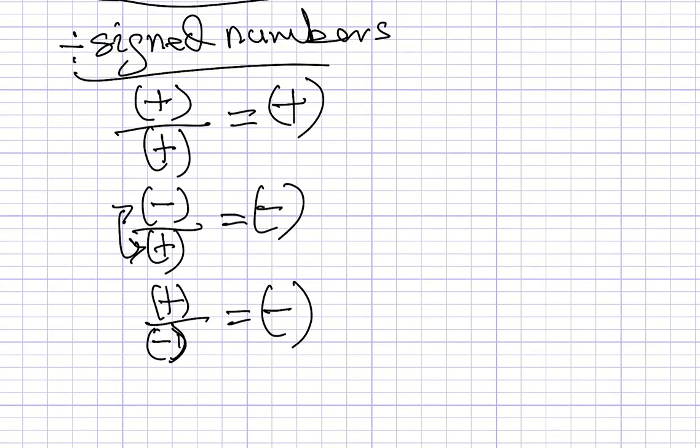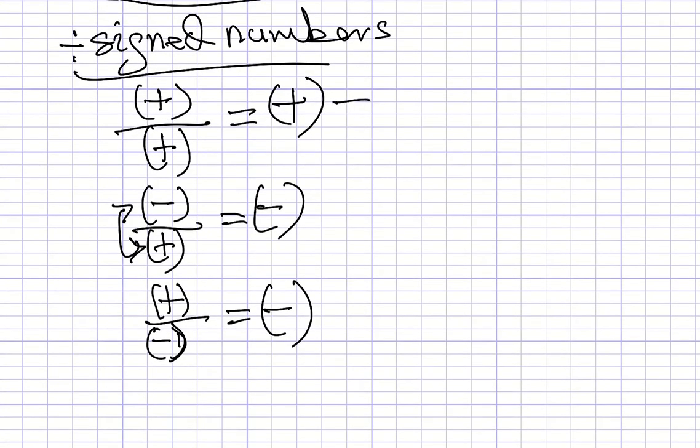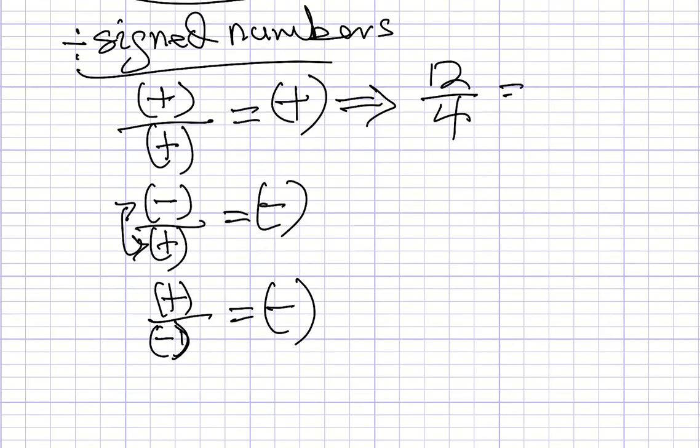So I'll give you an example in each case. Let's say you have 12 divided by 4. Both 12 and 4 are positive numbers. So what will you get? You get 3. It's a positive 3, but we usually don't write it. Let's say you have negative 4 divided by 2. What do you get?